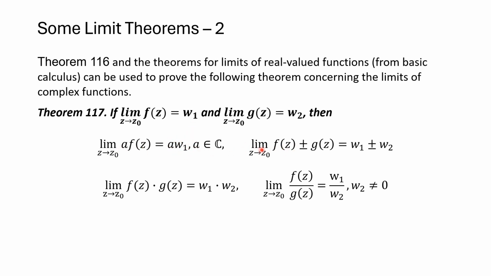You can do the limit of a sum of two functions is the limit of the individual functions separately. Same thing with the product. The limit of the product is the product of each of the separate limits, and the same thing with the quotient, except you have the restriction that the denominator does not have a limit of 0, in which case the limit may not exist.